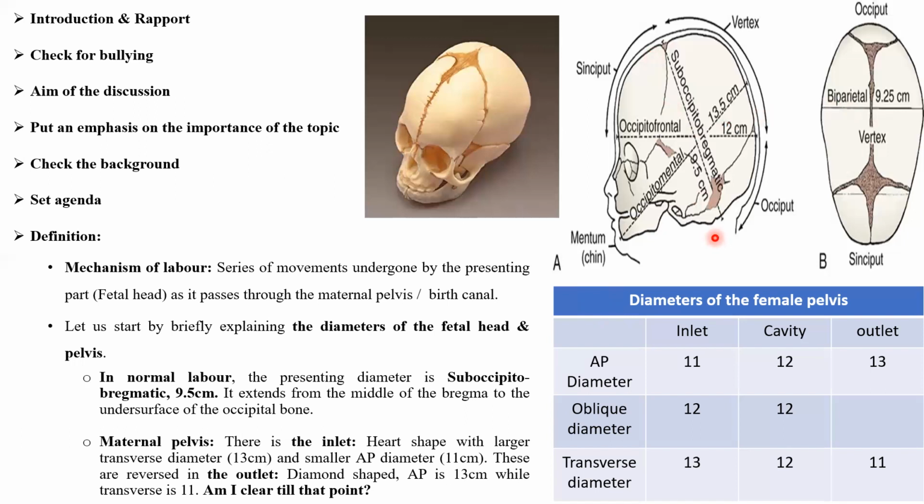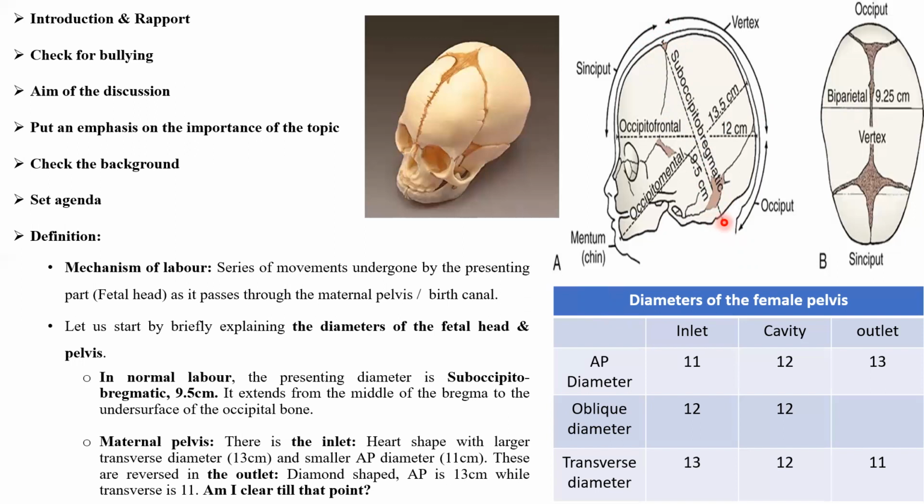The longitudinal diameters, there are so many diameters here, but in normal labor, the diameter in full flexion of the head in vertex presentation will be the sub-occipitobregmatic diameter, which is 9.5 centimeter. It extends from the middle of the bregma or the anterior fontanelle to the undersurface of the occipital bone.